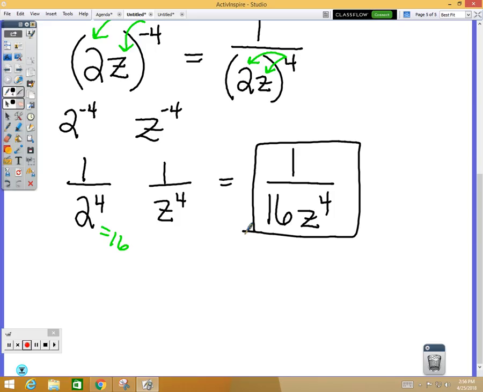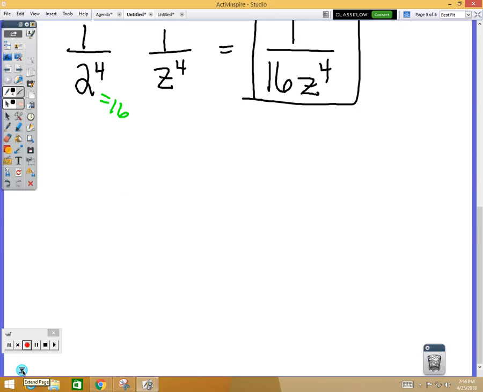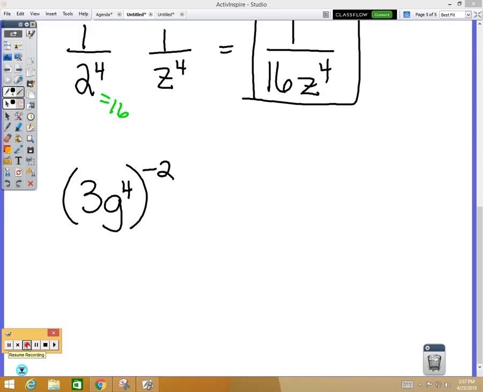Okay, here we go. 3g to the fourth power, and all of that to the negative second power. That's not one that you're going to need a calculator for. Figure it out. So, again, we could rewrite this right now so that we have a positive 2 out there.